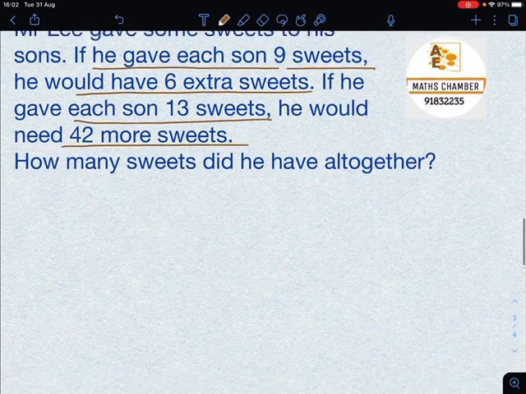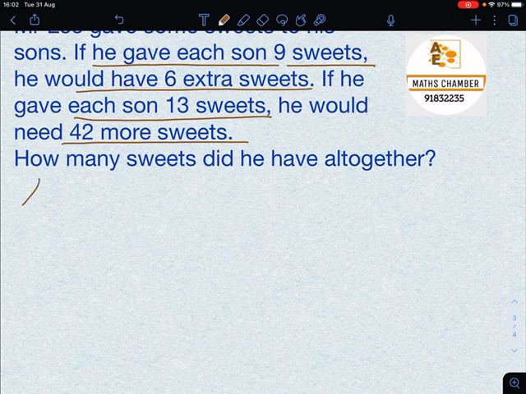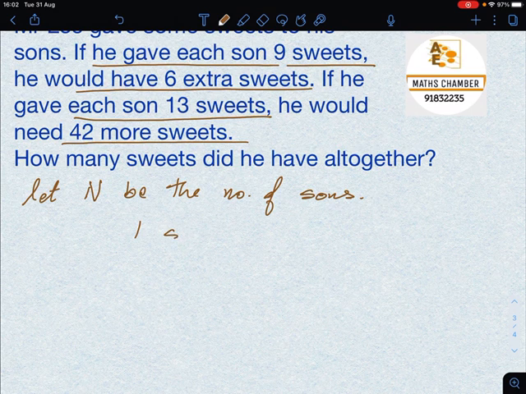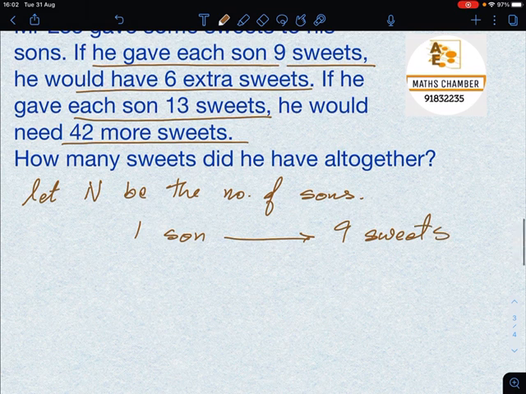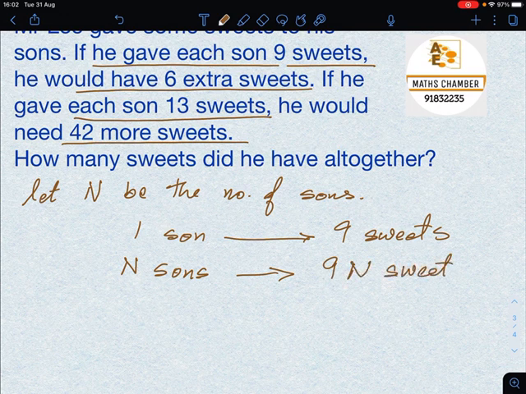Okay, let's try. So first and foremost, we just have to let n be the number of sons that he had. So if one son gets 9 sweets, n number of sons will have 9n number of sweets.